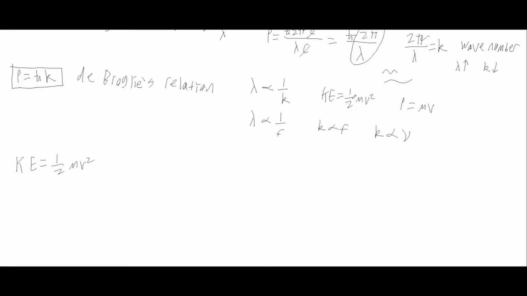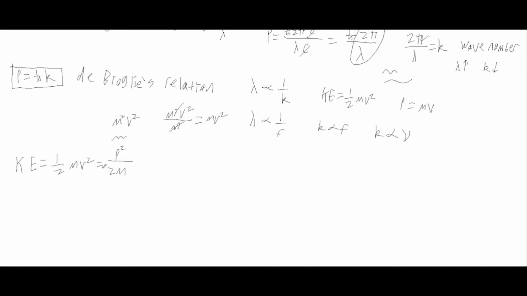And so, since we know this 1/2 mv squared and this p equals mv, then we can also say that p squared over 2m is m squared v squared over 2m, so that's the 2 here, and then another m here. So we cancel one of those out, and that's just 1/2 mv squared. But we can use this momentum here in our kinetic energy.